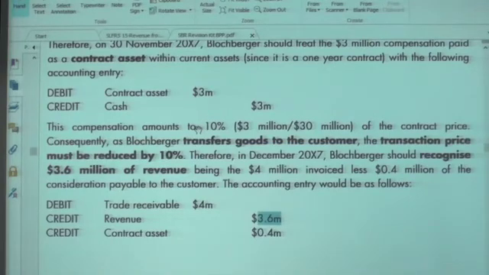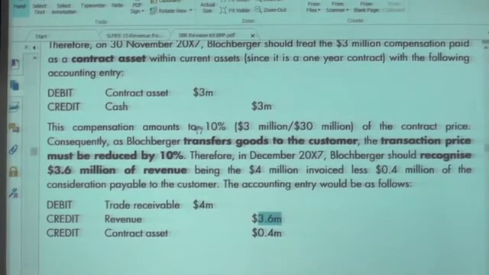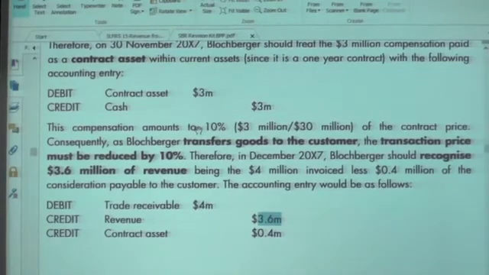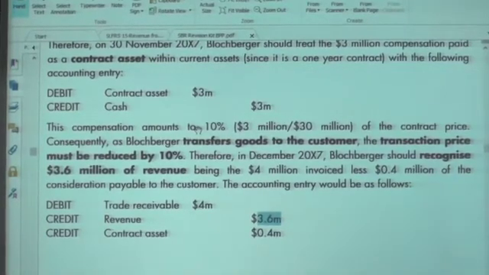Therefore, you can write down the double entry like this. You need to write down two double entries. Number 1, consideration paid: contract asset debit, cash credit. Clear?